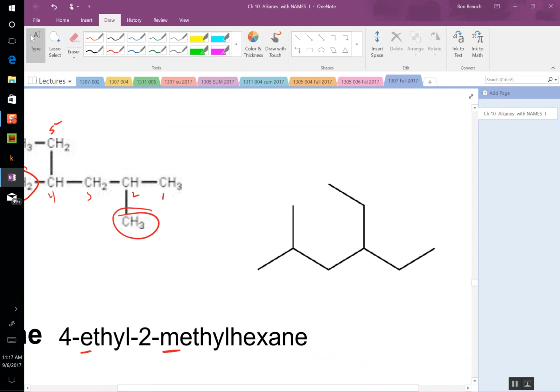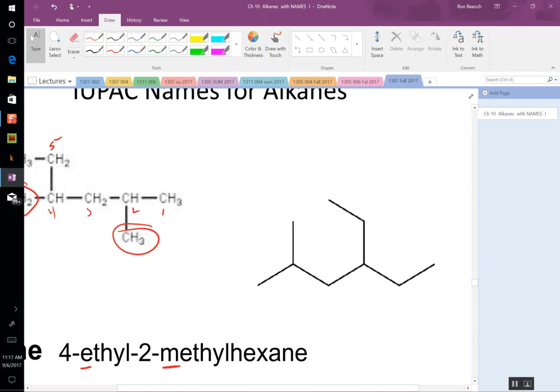Now let's see what we've got here. 1, 2, 3, 4, 5, 6. And there's carbon number 2. So now this is oriented the opposite of over here. Here I'm going from right to left, but here I'm going from left to right. But this is the line diagram of that molecule. It could have been 1, 2, 3, 4, 5, 6.